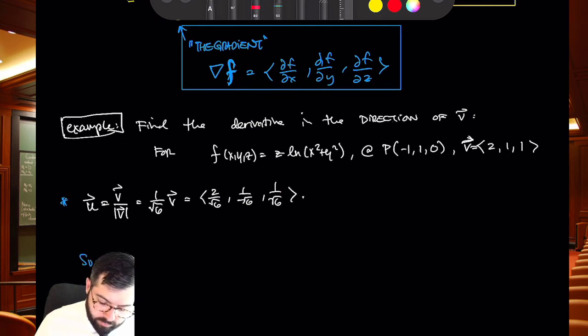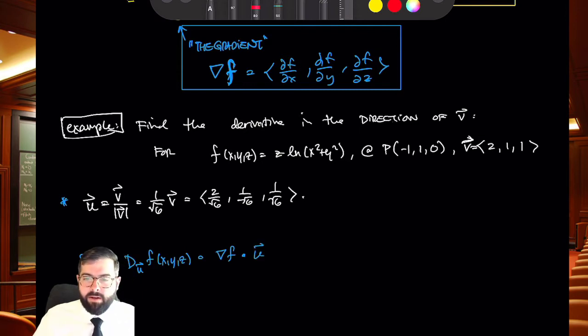So the derivative in the direction of u, by this last result, is given by the gradient of f dotted with that vector. So we really just need the gradient of f.